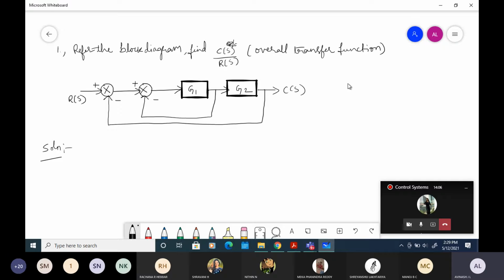In the solution part, write the same diagram once again. I'll tell you why we need to write the same diagram once again. Please copy down the diagram once again, all of you.